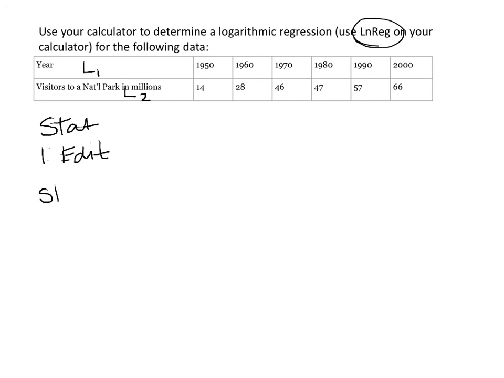You will go back to stat. It's just stat. You're going to arrow over to calc, and then you're going to go down to lnreg. And that's going to give you a logarithmic regression, and that's what I want to see for this.